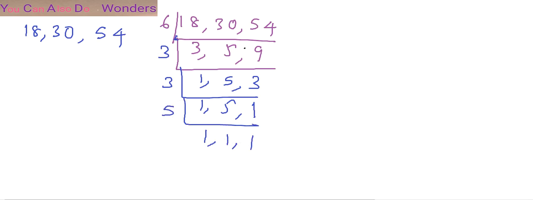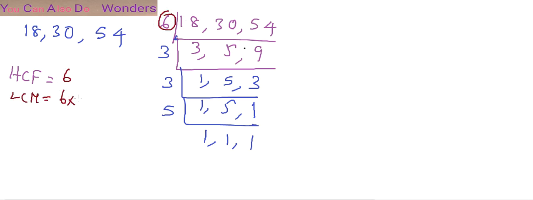Therefore, as I said, HCF means the product of all the numbers by which you divide all three numbers given. Only the number 6 divides all the three. So therefore HCF is 6. And LCM is the product of all the numbers.